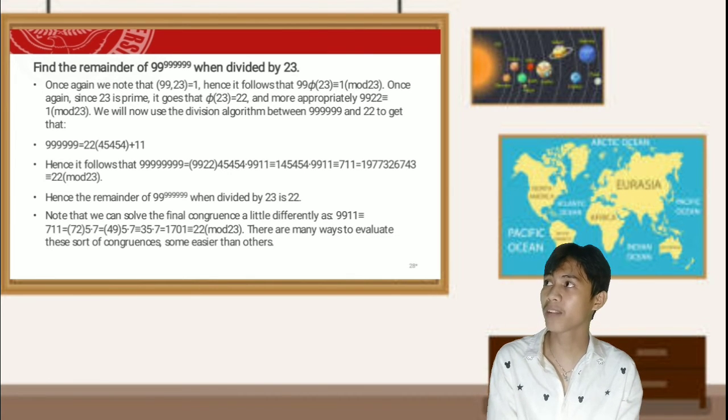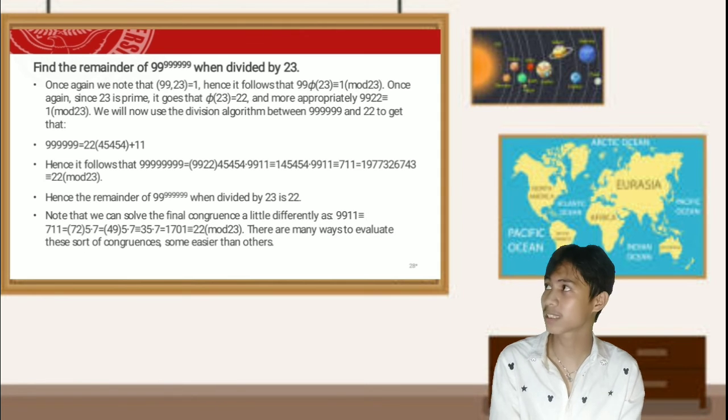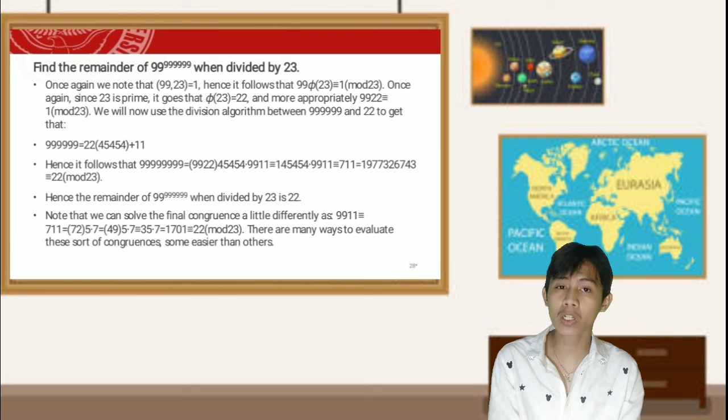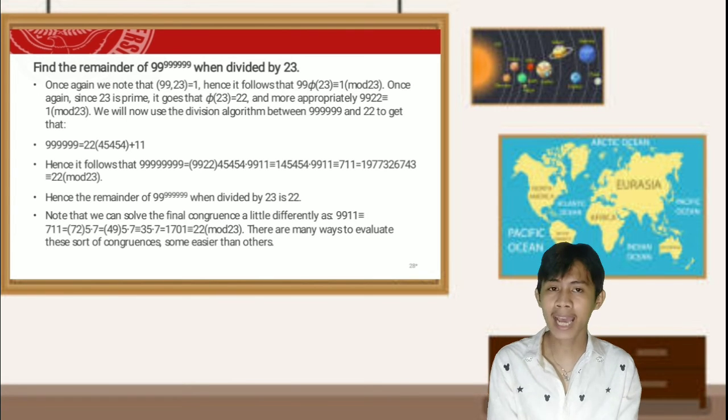We will now use the division algorithm between 9,999,999 and 22 to get that 9,999,999 is equal to 22 times 454,545 plus 9.